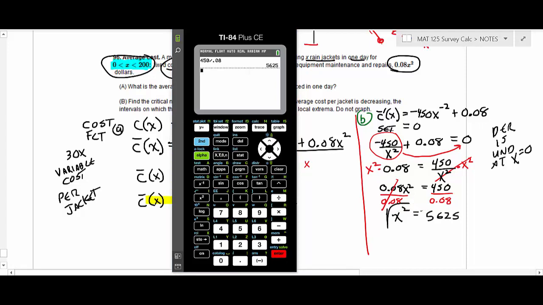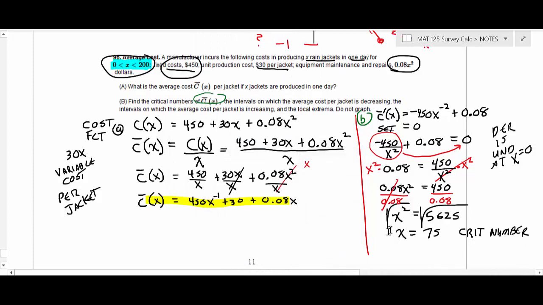Then you're going to take the square root of both sides and only take the positive square root. So let's take the square root of 5625, and that gives 75. So that would be a critical number, x equals 75. Okay, so we got that.